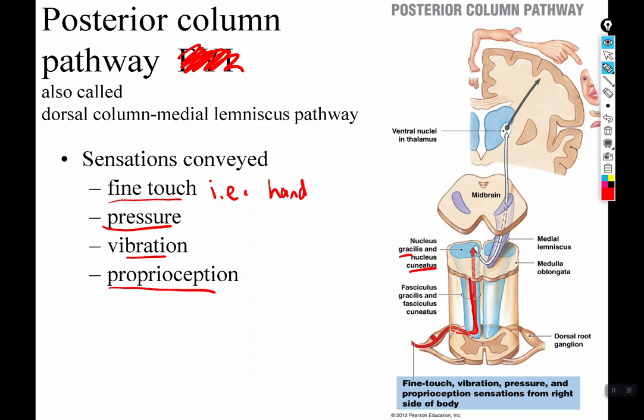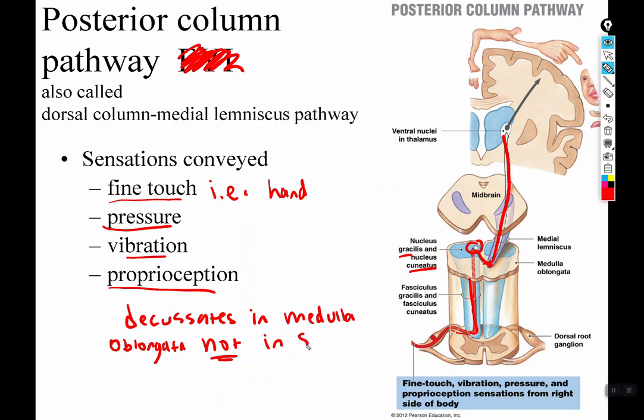And then after either the nucleus gracilis or the nucleus cuneatus, it decussates within the medulla. And the second order neuron travels up through the midbrain, again to the thalamus. So it decussates in the medulla oblongata, not in the spinal cord.